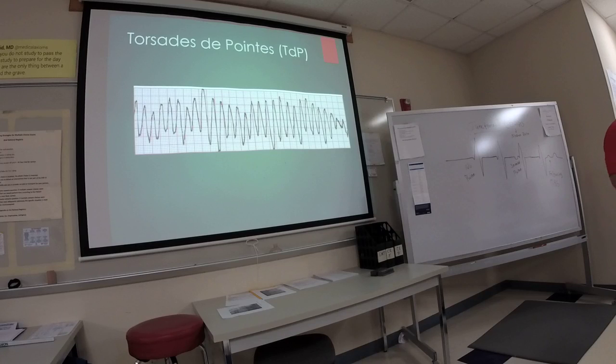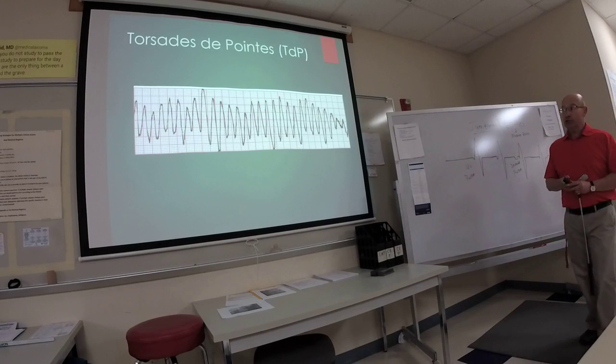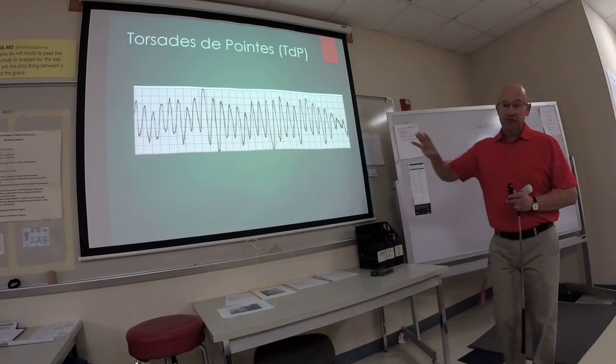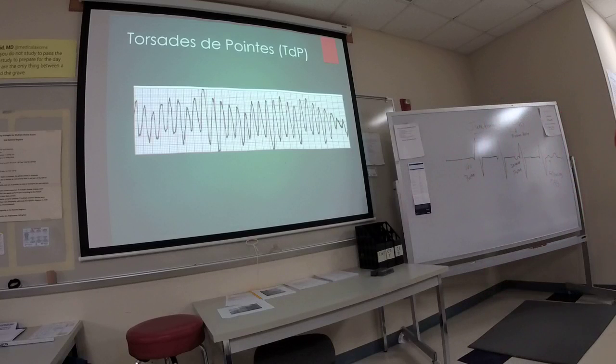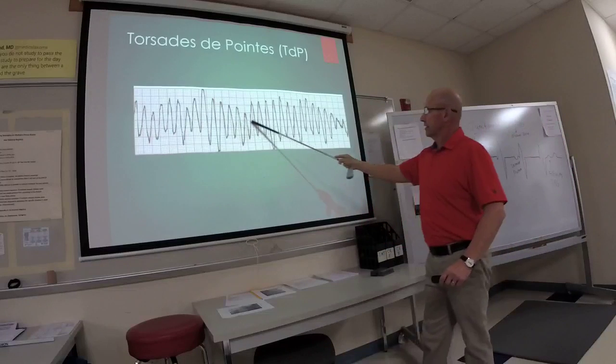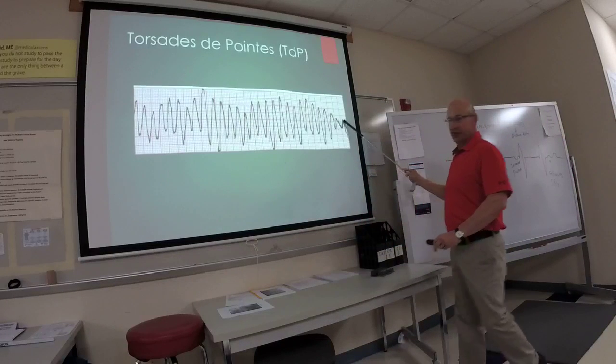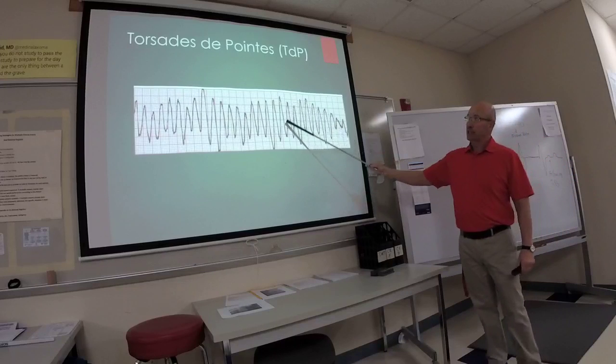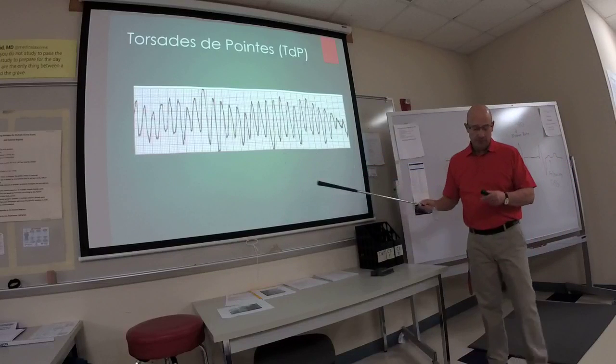Torsades de pointes. It's French, right? It means turning of the points. If you visualize that, can you see the way those points sort of turn? It's hard to see here, then it turns here, then it turns here, then it turns. Okay.